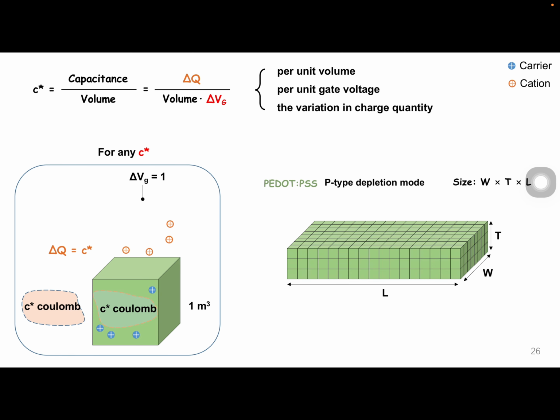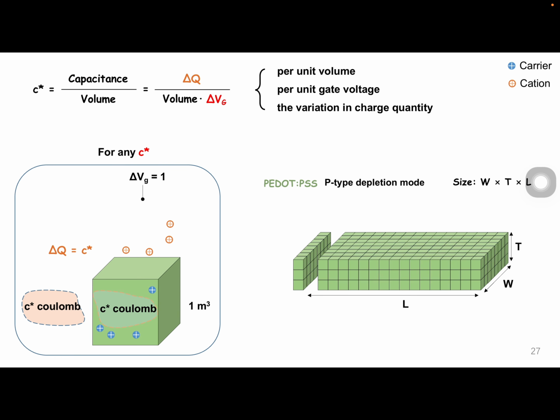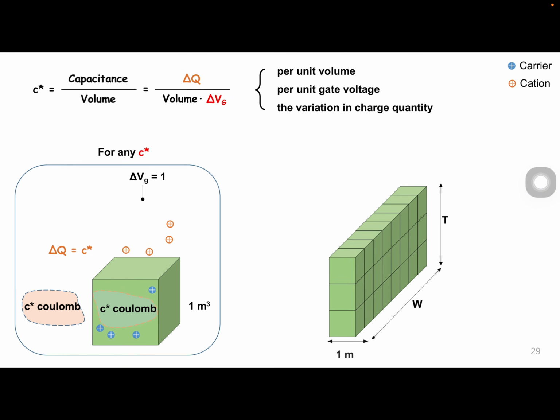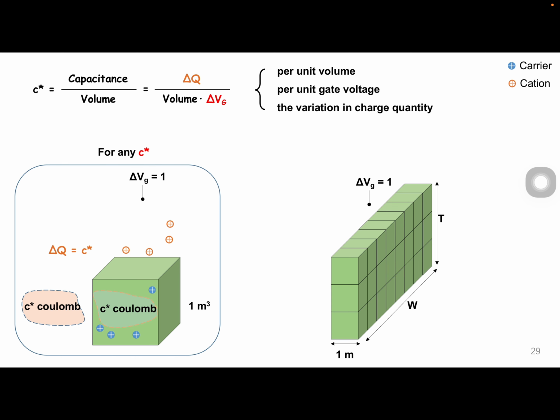The above is for the unit cube. If we cut a slice from the entire semiconductor, and then I give it 1 volt change of Vg, then the amount of change in charge is multiplied by Wt on the basis of C star.